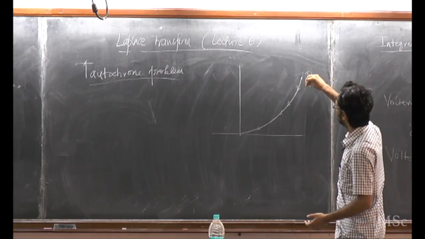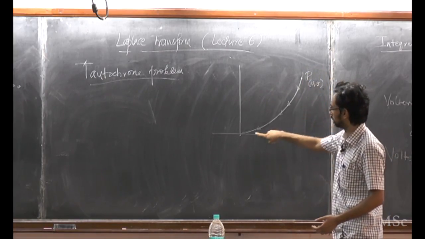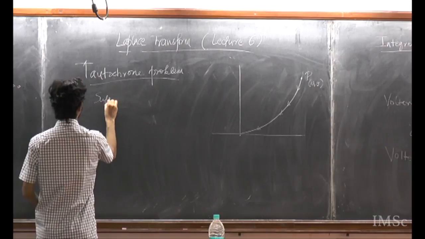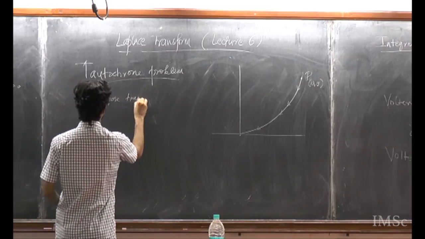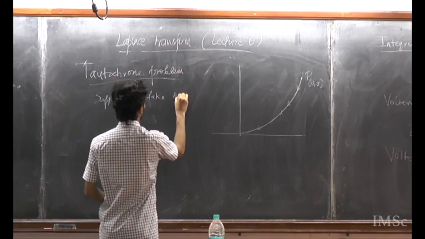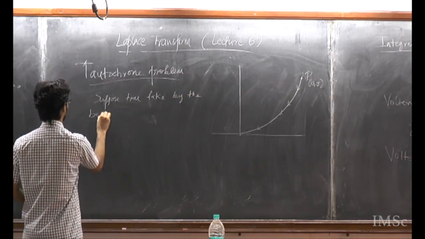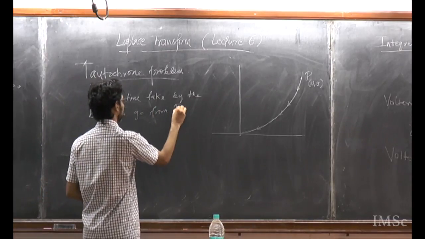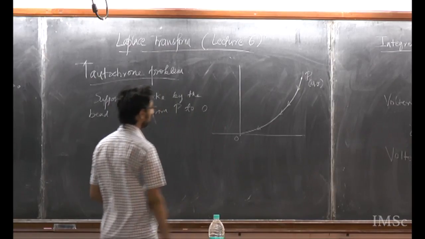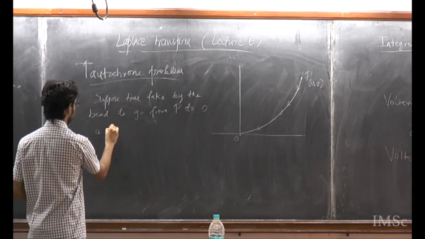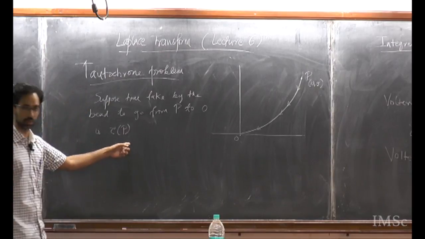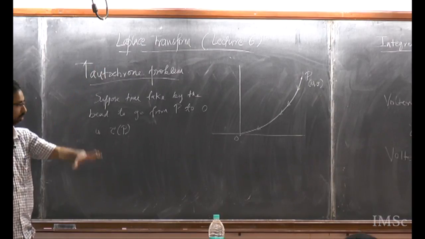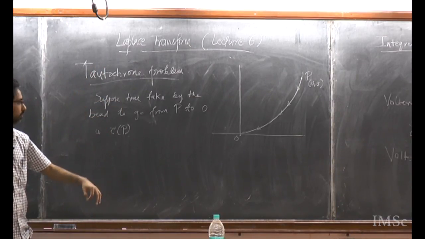So suppose the time taken by the bead to go from P to O, so O is the origin, is tau P. So tau depends on the point from where you release this bead when it goes down under gravitational force.